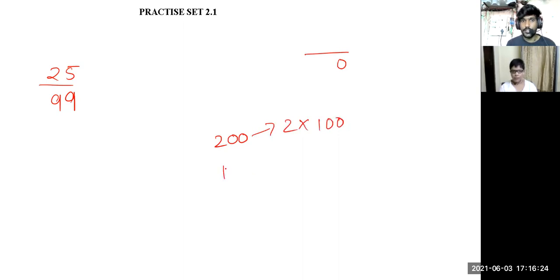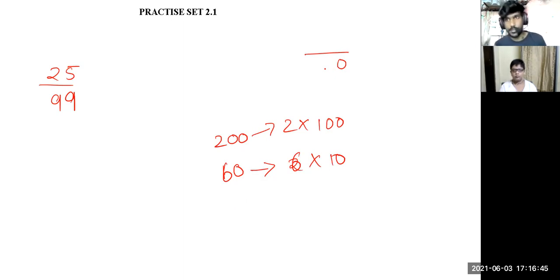And 60 is a multiple of 10, so it can be written as 6 into 10. If your denominator is a multiple of 10, 100, 1000 and so on, then you can easily make the denominator 10, 100 and so on and then get a decimal.